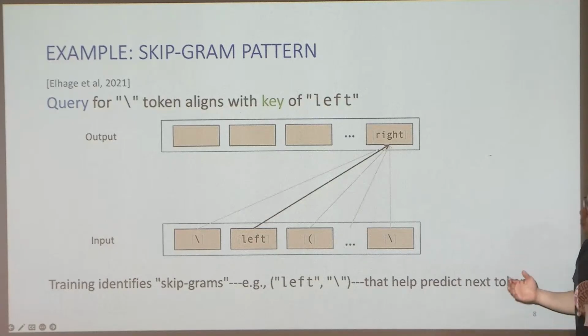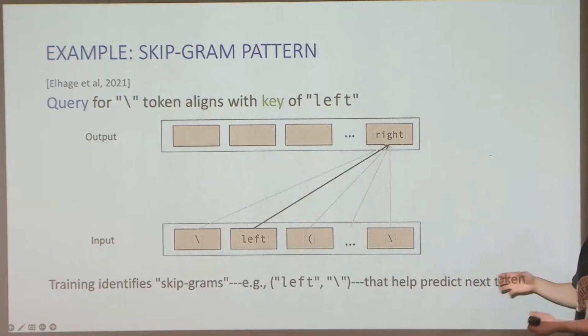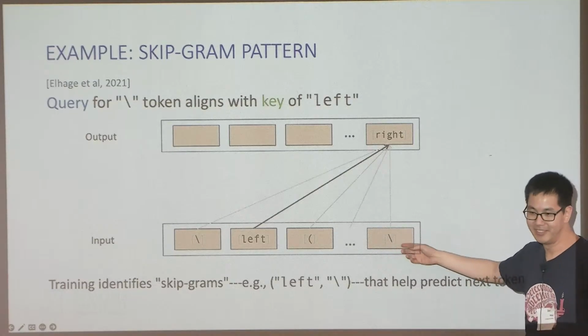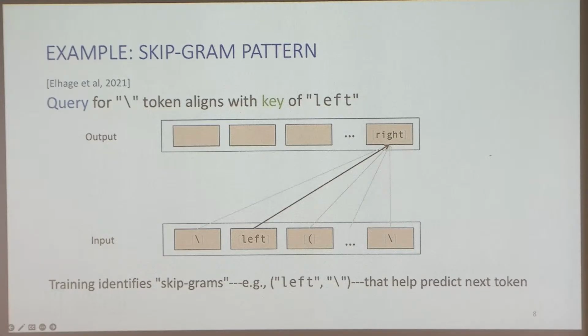The reason that might occur is that this particular skipgram, which is like a bigram but there might be stuff in between, is reasonably predictive of what the next token would be. If you've played with Copilot, the code version of GPT built into your editor, it always knows that when you write backslash and you have a left there, you probably want to do right next.